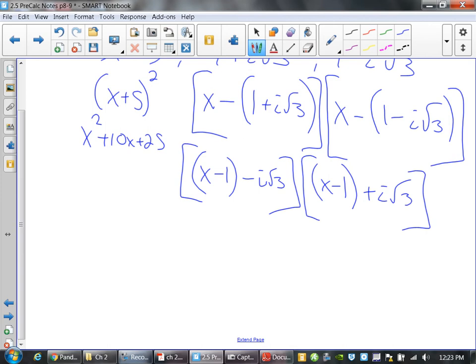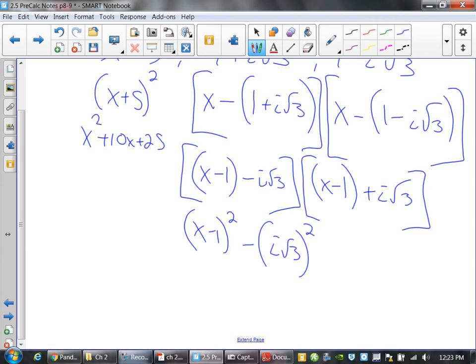When you FOIL this all out, you're going to get the quantity x minus 1 squared minus the quantity i root 3 squared. On the inside of that, when you square the i, you get i squared, and then root 3 quantity squared, so you get 3i squared, which is negative 3.